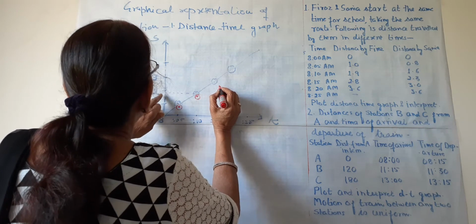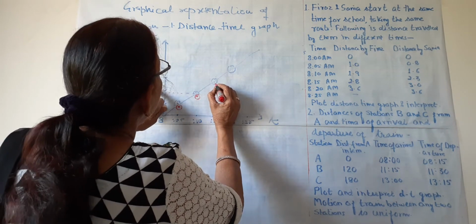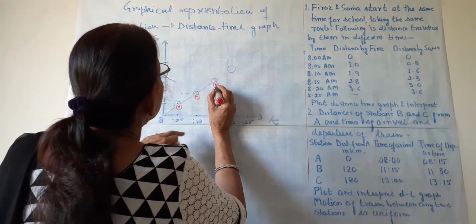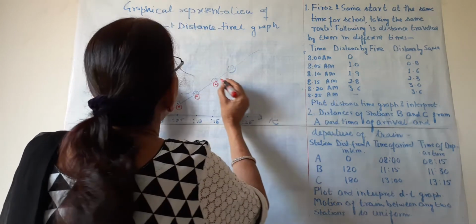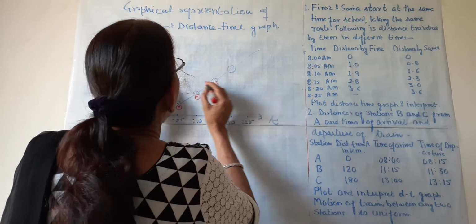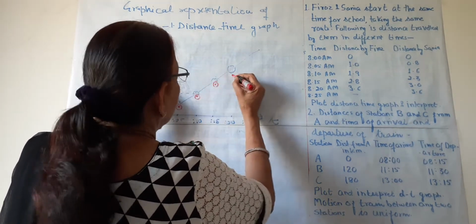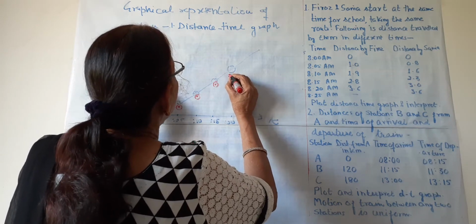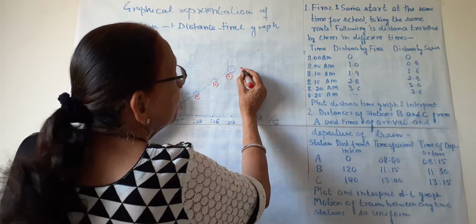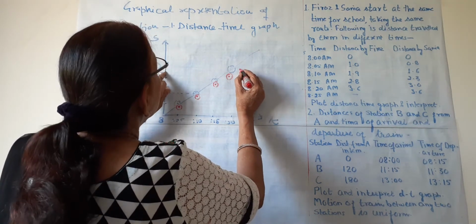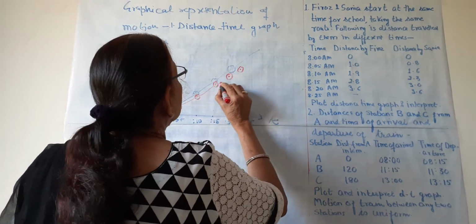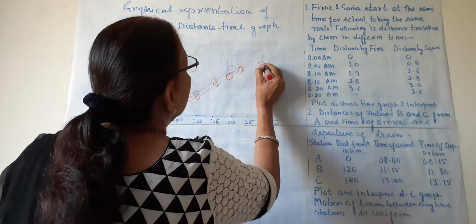This is 2 and this is 2.8, so this will be 2.3. And at 8:20, she is at 3. She is here. And at 8:25, 3.6. So this is the graph of Sania.